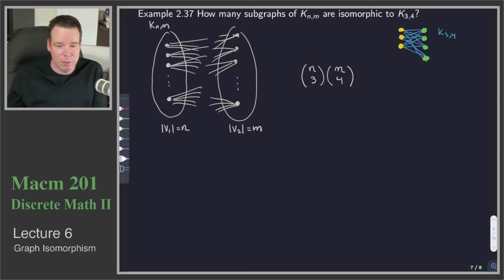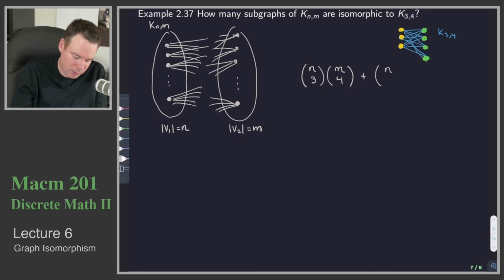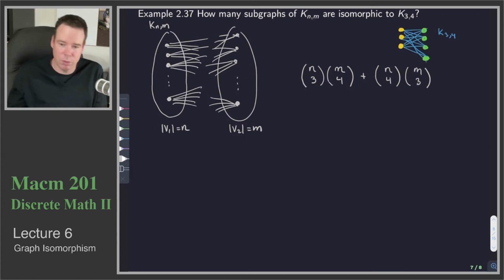But what happens if I chose the 4 vertices to live in the other half of the bipartition? Then I have to add to this that I could have made my selection from the side with n vertices, choosing 4 of those to be the green vertices, and then the other side, I will choose 3 of them to be the yellow vertices. And there's my solution.